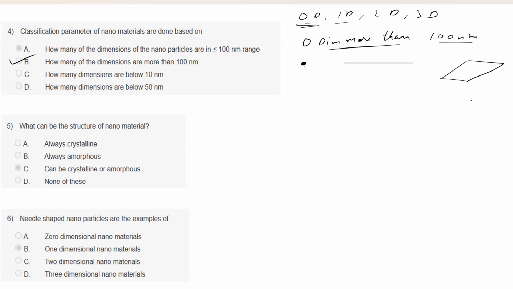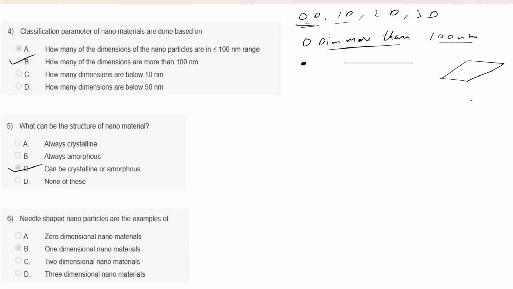What can be the structure of nanomaterials? We have discussed this before. They can be polycrystalline, single crystalline, and amorphous. There has been work recently done on glass nanoparticles, which are amorphous in nature.